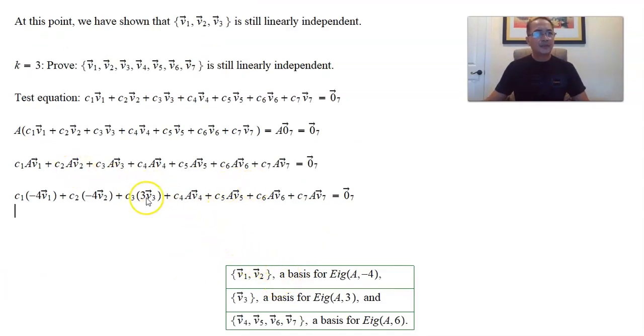Aside from setting up the new equations, I also copied our directory over here to remind us that the first two vectors have -4 eigenvalue, the third one is 3 eigenvalue, and the last 4 now have 6 as their eigenvalue. So therefore, this becomes 6 V4, and this is also 6 V4, and 2 more. Last one.